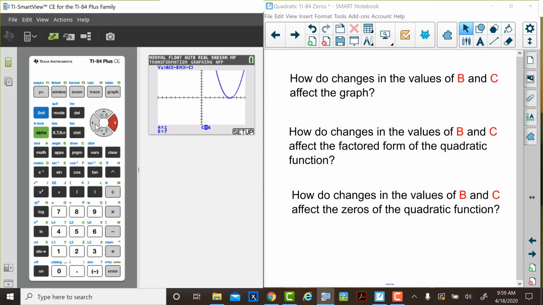How do they affect the factored form of the quadratic function? How do these changes affect the zeros of the quadratic function? Please pause the video, write down your responses to these three questions, and then return to the video.